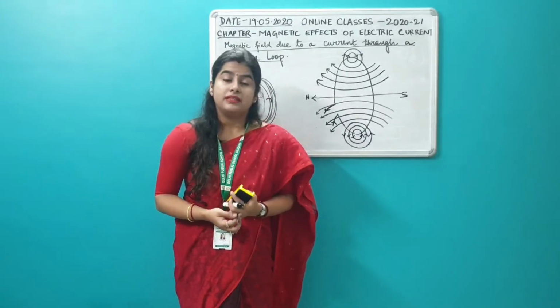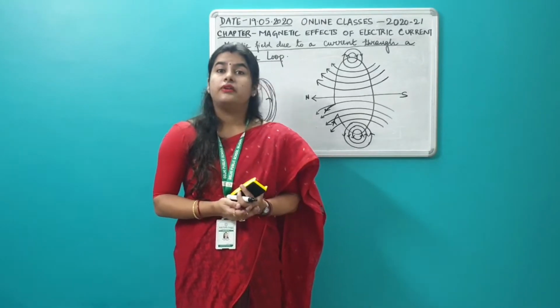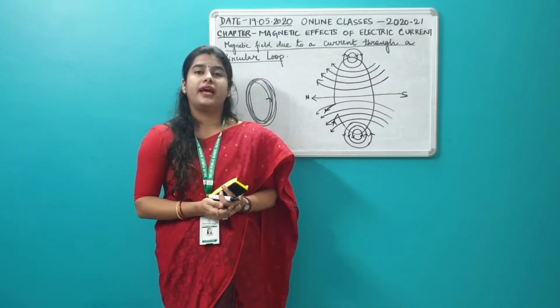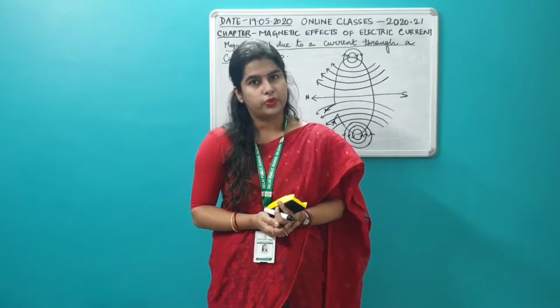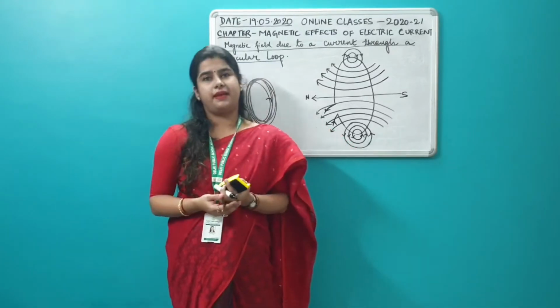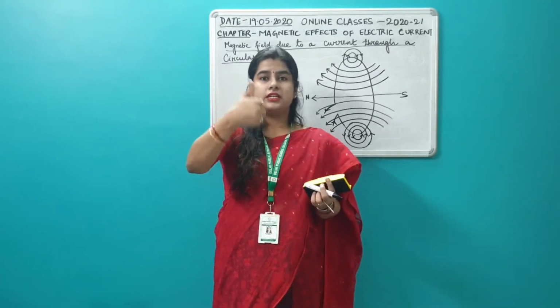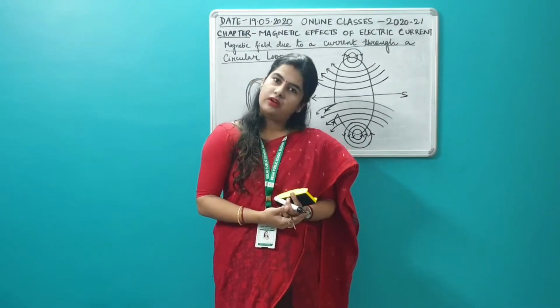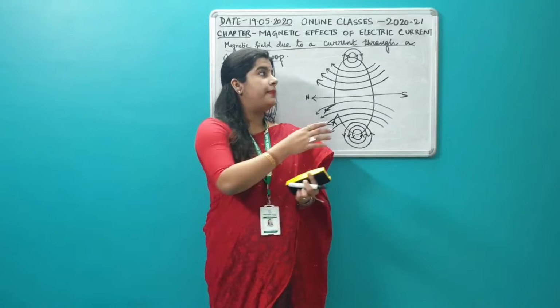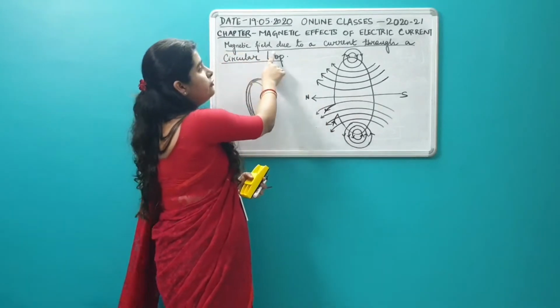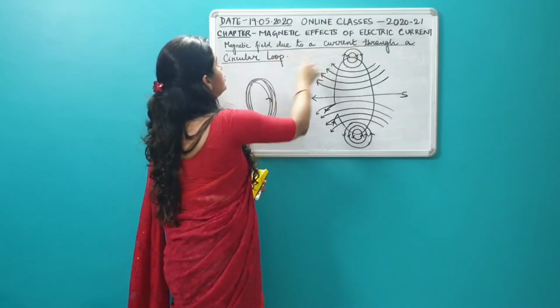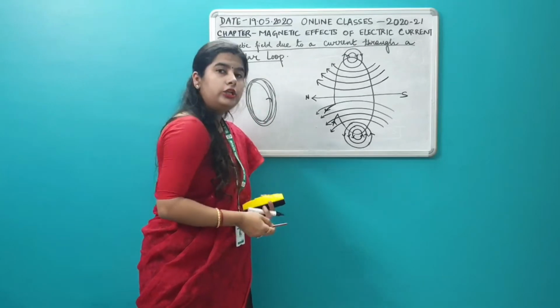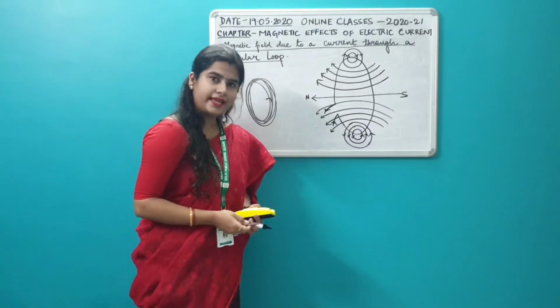Okay, and this Maxwell's right hand thumb rule is also known as Maxwell's corkscrew rule. It is all the same thing, just instead of using this hand, they are using a corkscrew. Alright, so this is about the magnetic field due to a current through a circular loop. Is that clear, children?